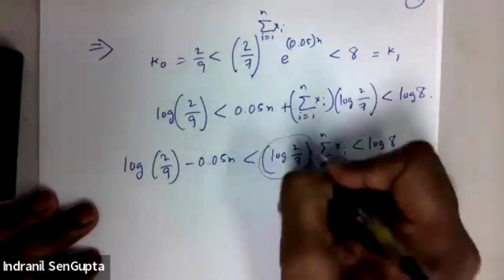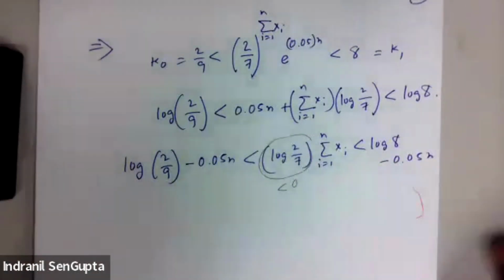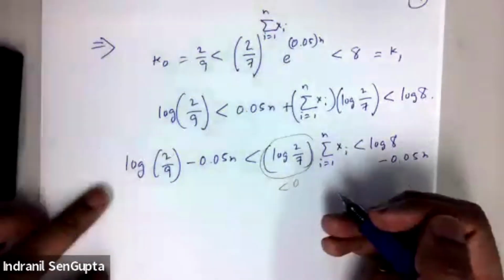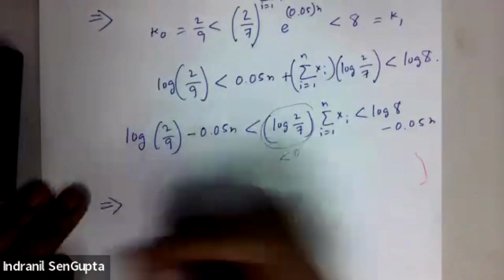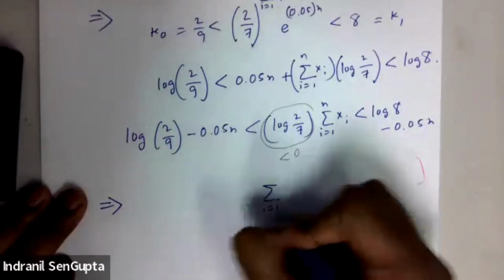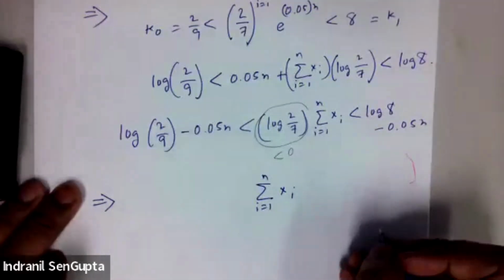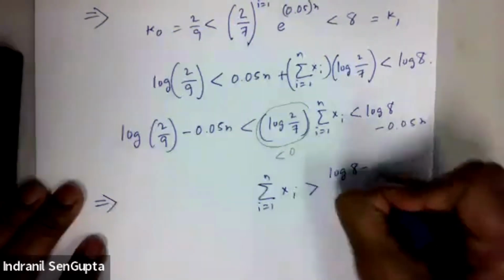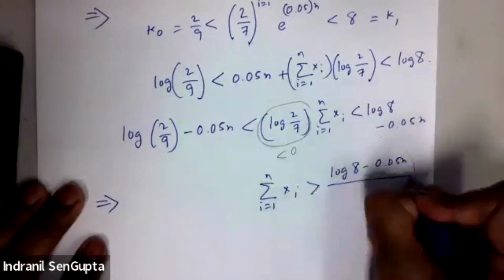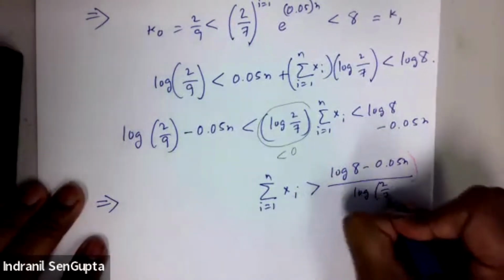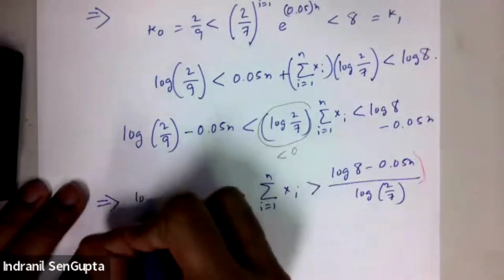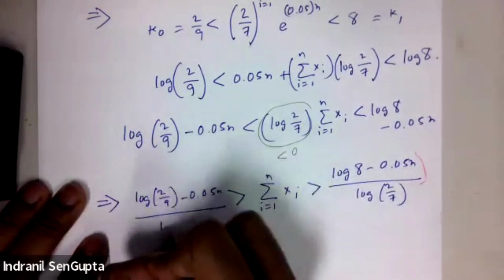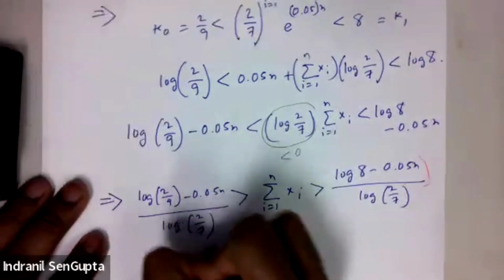This is a negative number, right? 2 over 7 is a fraction less than 1, so the log is negative. So if I divide by that, the inequalities change. So the summation i from 1 to n of xi becomes bigger than log of 8 minus 0.05 n over log of 2 over 7, and on the other side, less than log of 2 over 9 minus 0.05 n over log of 2 over 7.